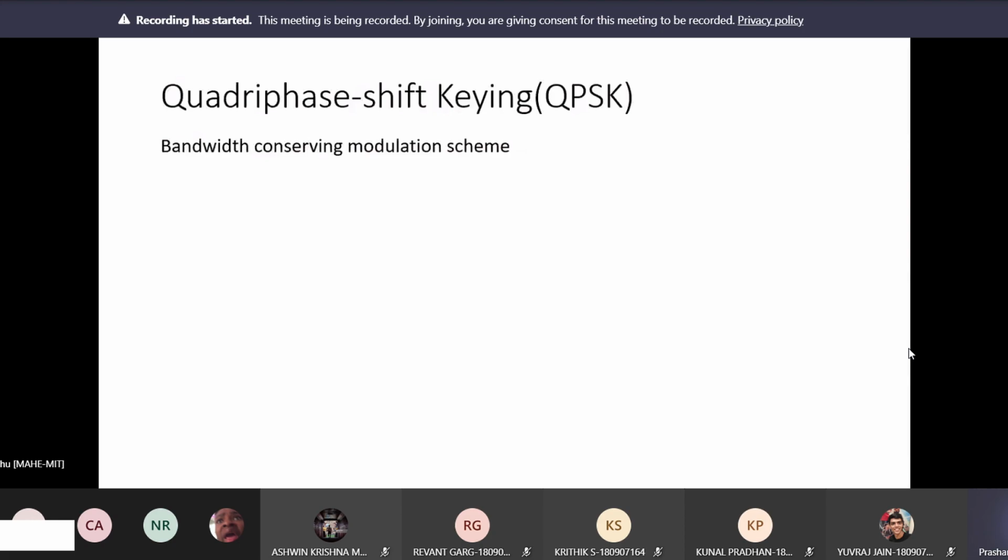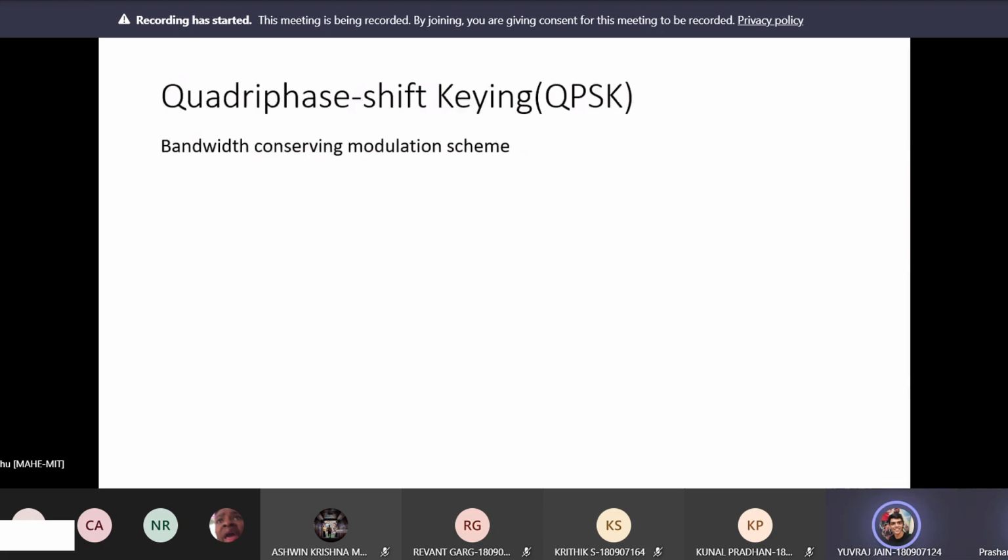on a carrier, right? In fact, when I say phase shift keying, quadriphase shift keying, you have studied BPSK. What is the meaning of BPSK? Yuvraj, what is BPSK? Binary phase shift keying? Yes, sir. There we change from 0 to 180 degrees phase shift depending on 0 or 1. Information is present in the phase of the carrier.